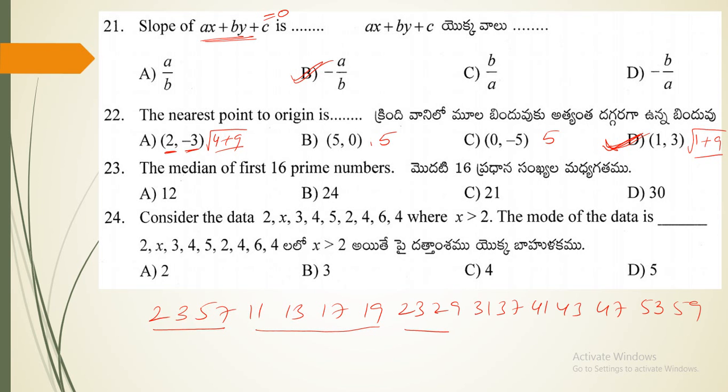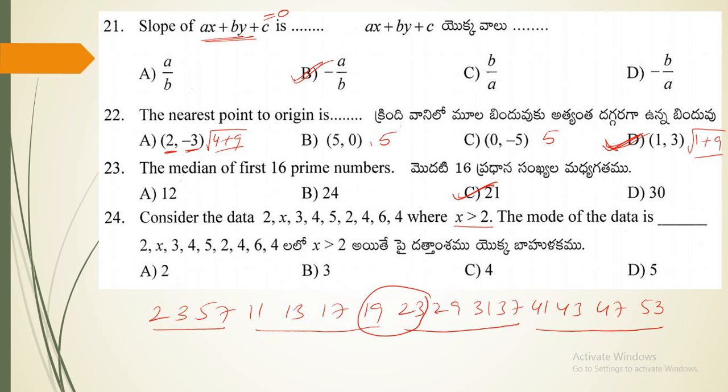If you observe, 4 more and 4 more, so totally 16. Out of these 16, which two are in the middle? These are the middle two. So 19 plus 23, 42. So 42 by 2, 21. So the answer is 21.